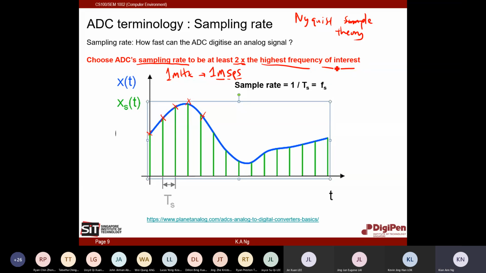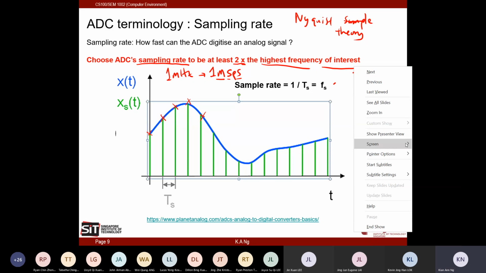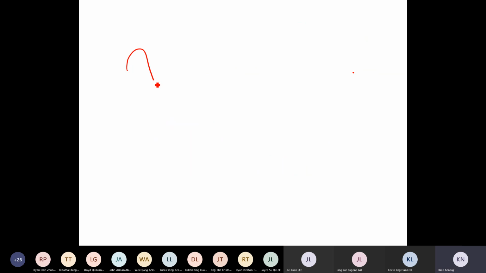What do I mean? Suppose you have a sine wave. We don't worry about the frequency first.